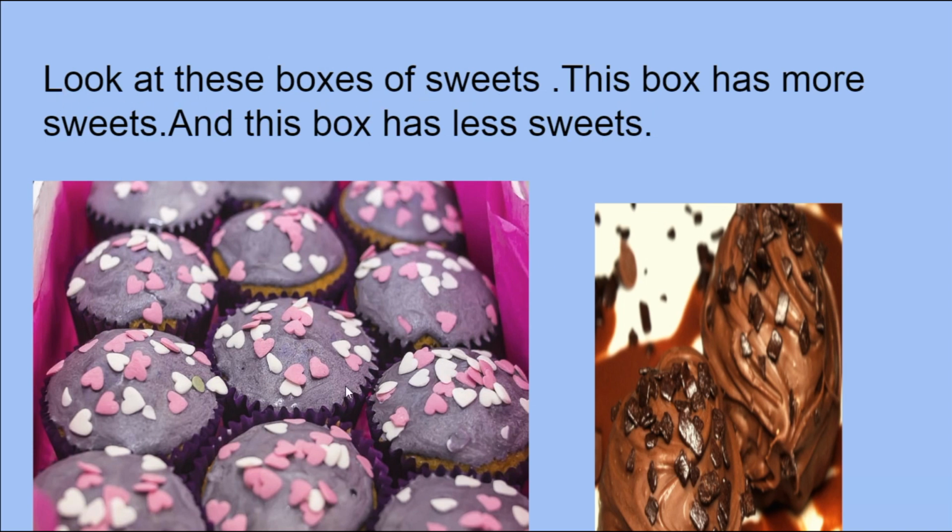This box has more sweets and this box has less sweets. Among the two, it depends upon quantities. This box has more sweets. This box has less sweets. More, less.